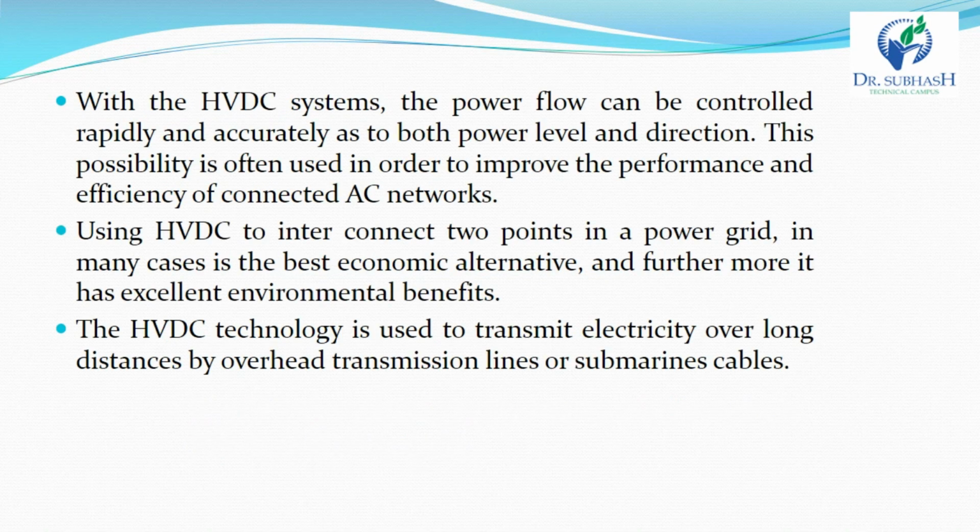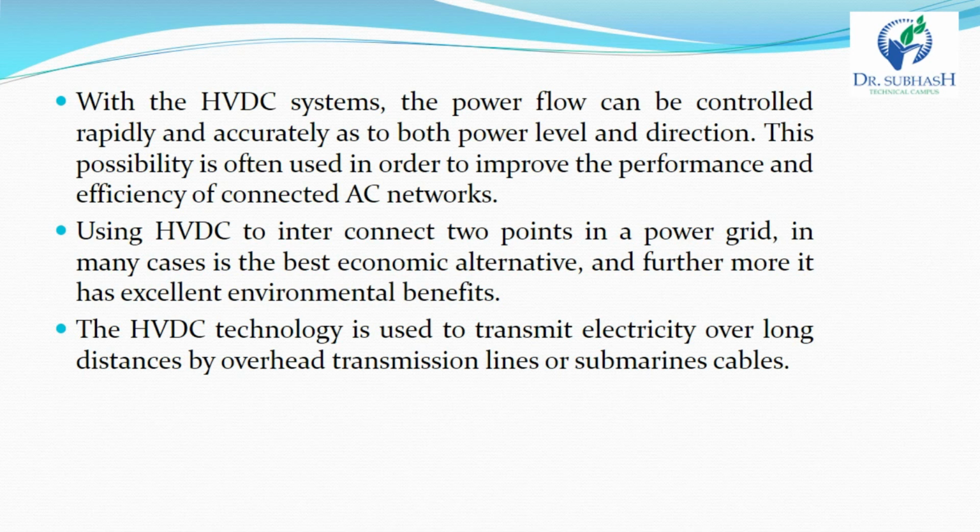So now we have studied the basics of HVDC transmission. Here we see some of the advantages and disadvantages of HVDC transmission. With the HVDC system, the power flow can be controlled rapidly and accurately, both the power level and direction.